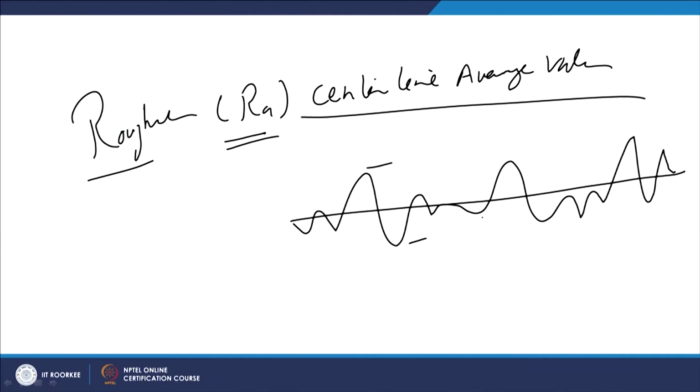If there are certain peaks and valleys present at the surface, then with reference to one imaginary center line, the average height and depth of these peaks and valleys is taken into consideration for measuring the surface roughness. This is one of the most commonly used parameters for measuring the surface roughness in India.